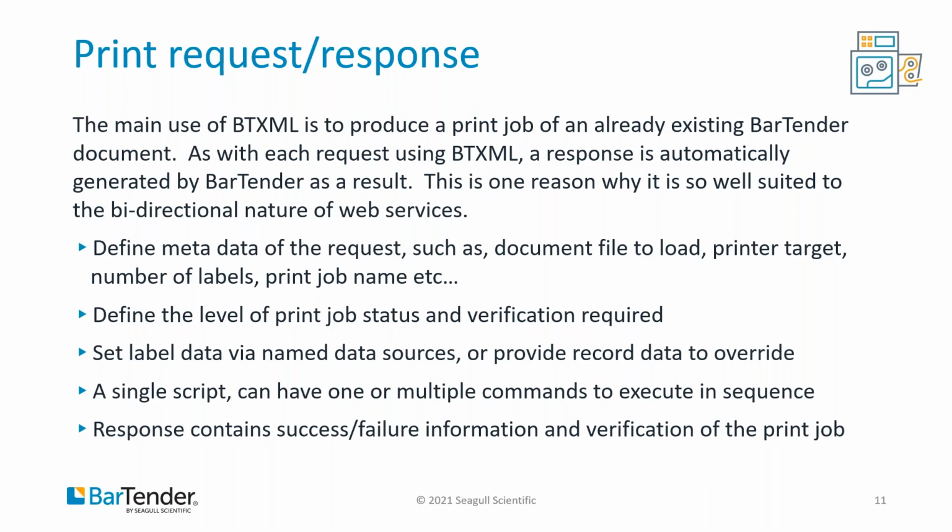Of course, we can set label data either through the use of named data sources, so these are key value pairs, or by providing a record set of data, such as comma separated values in a CSV, which can be embedded into the BTXML.